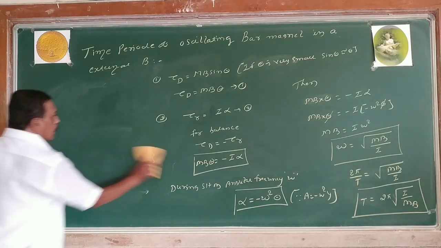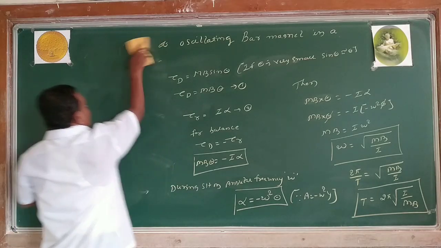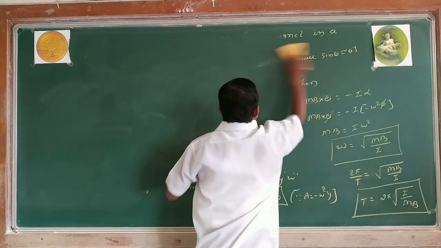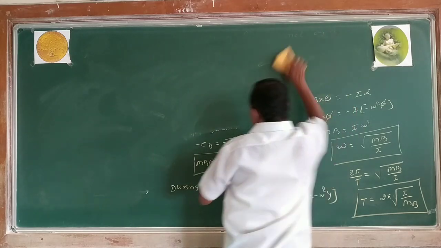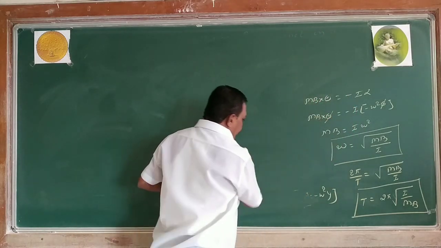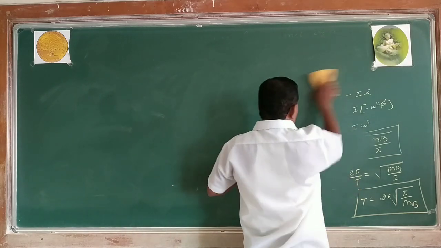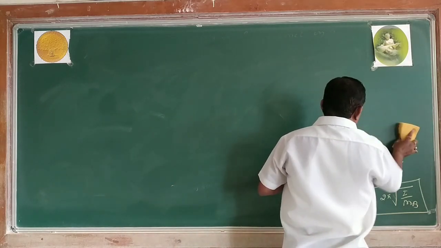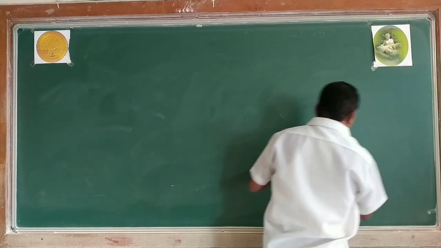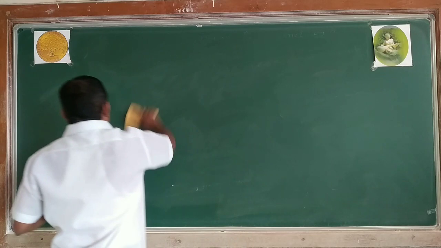Torque on a bar magnet in the region of uniform magnetic field. Already we have done in electrostatics, torque on an electric dipole in the region of an external uniform electric field, same concept.